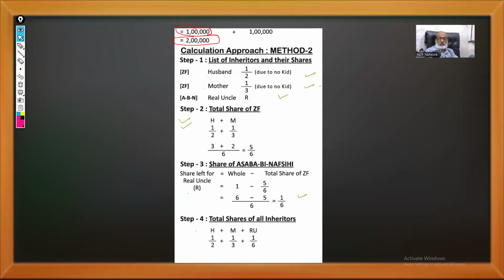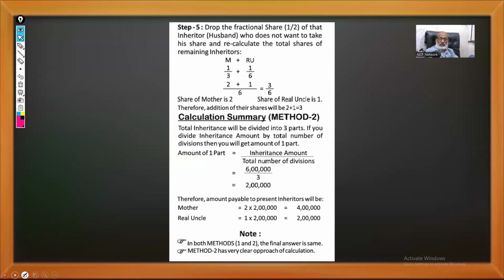But in step number 4, we are keeping all the heirs, husband, mother, and real uncle, and we are canceling or dropping the share of the person who does not want to take his or her share. So here the husband doesn't want to take his share, but we keep him in the calculation so that we can get to the other heirs' fractional shares.